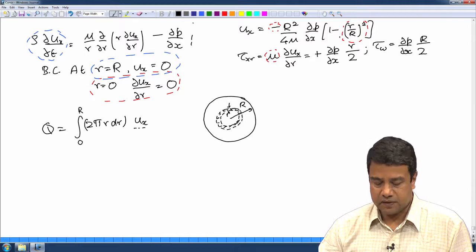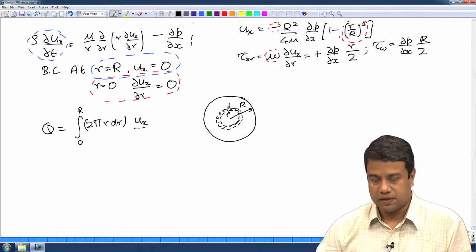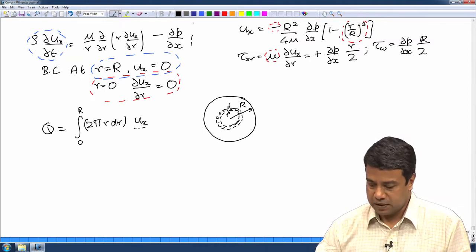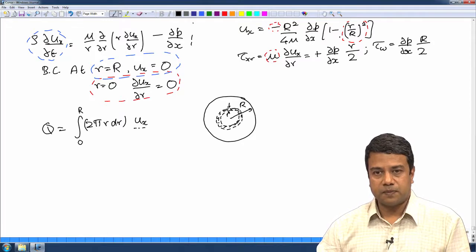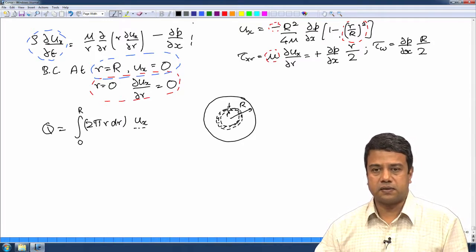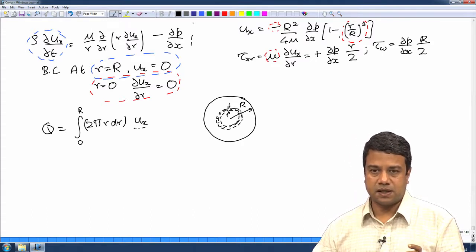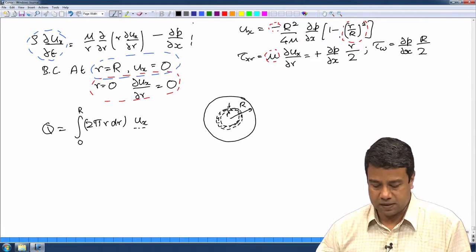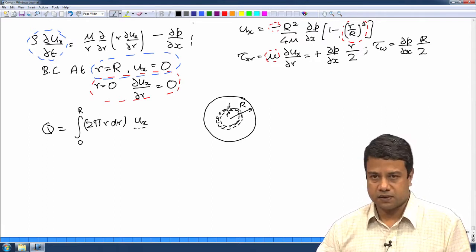You can see that the velocity times the area has dimensions of volume per unit time, so that is a flow rate. I take the velocity at one particular radius multiplied by the area, which is 2 pi r times delta r, the thickness of this slice times the perimeter, and I have to integrate it from 0 to R. So, that gives me the total flow rate.